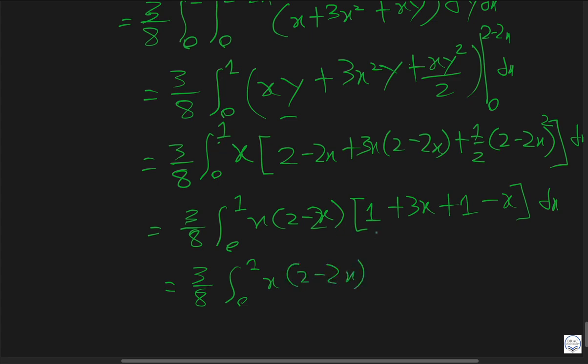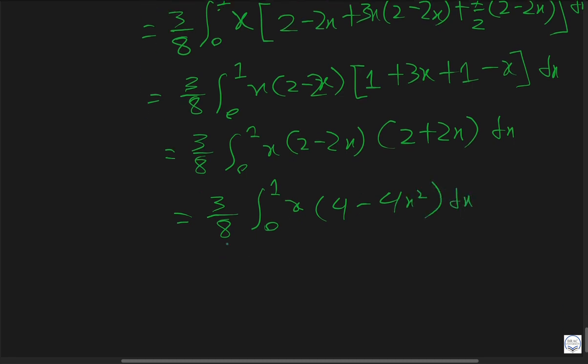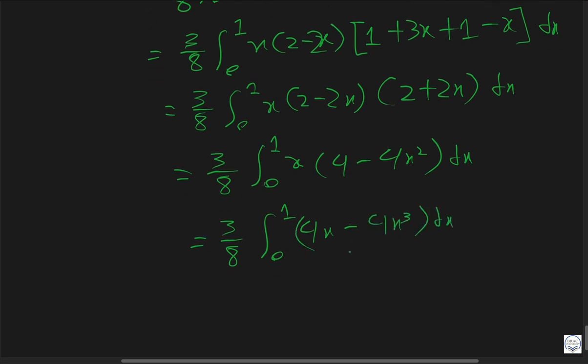It's 2 minus twice x times 2 plus twice x dx. Again, we can use a squared minus b squared formula. 4 minus 4x squared dx, 4x minus 4x cubed dx.